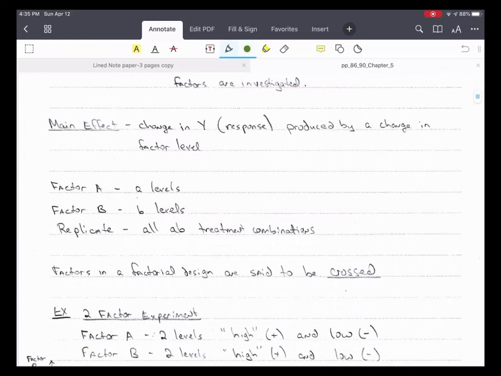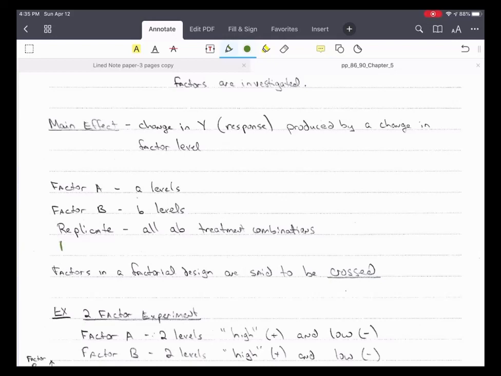So we're going to start with a two-factor ANOVA here, that's factorial, and we're going to say that factor A has a levels and factor B has b levels, and we're going to replicate all ab treatment combinations, and we're going to do that n times.